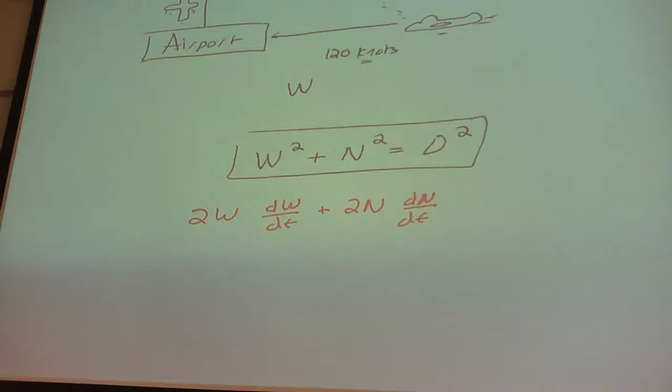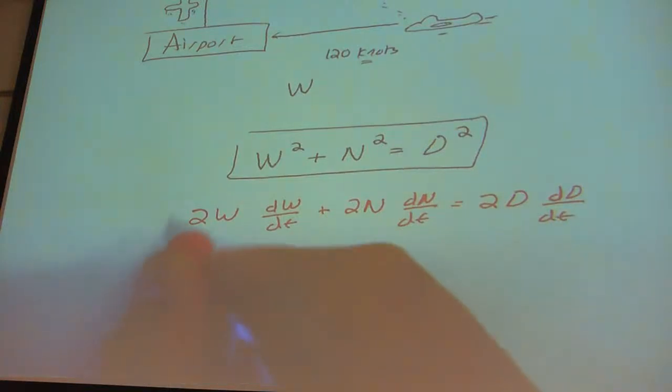And again, taking the derivative of each letter, that's called implicit differentiation. And what's the derivative of d squared? 2d, derivative of d with respect to t.